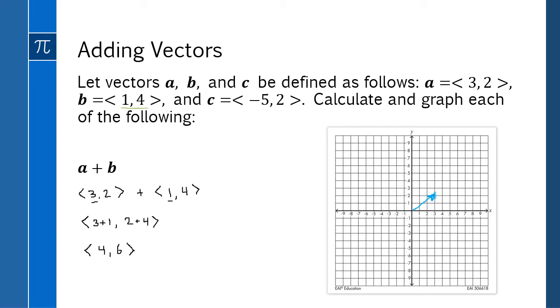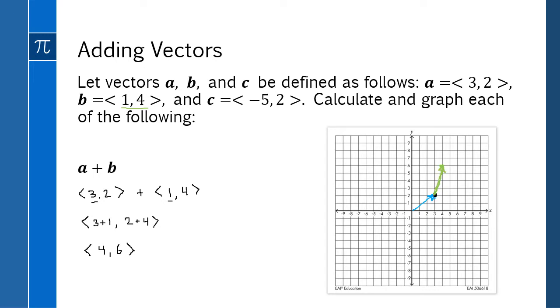So instead of going back to the origin and going to the right 1 and up 4, I'm going to start off where my last vector ended. So I'm going to start here at this point 3, 2, and from there go to the right by 1 and up 1, 2, 3, 4, and put vector B tail to head with vector A.